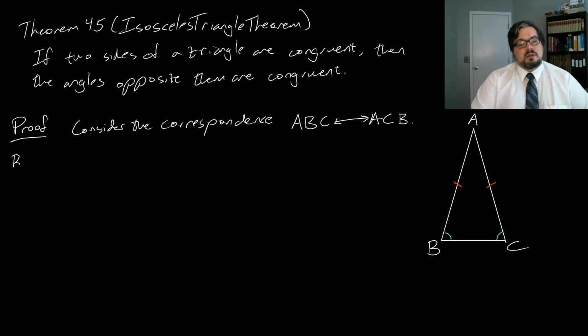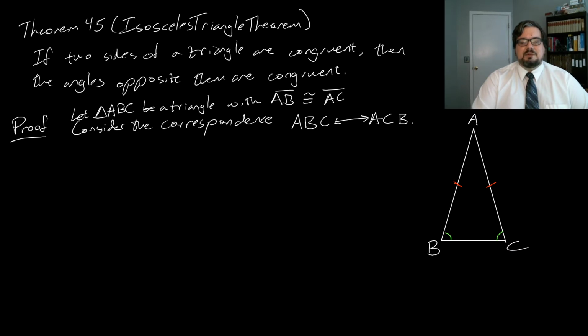To start this off, we really should say, let triangle ABC be a triangle with the segment AB congruent to the segment AC. We really should put in the language to correspond to the figure that we've drawn.